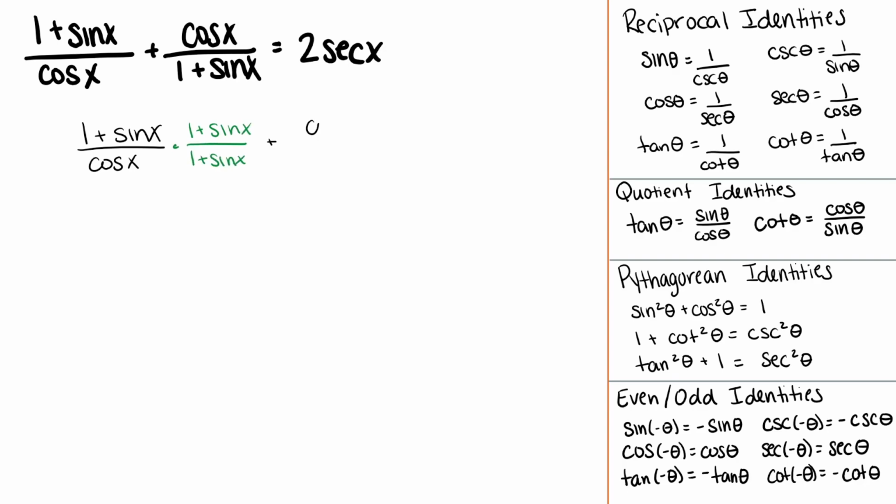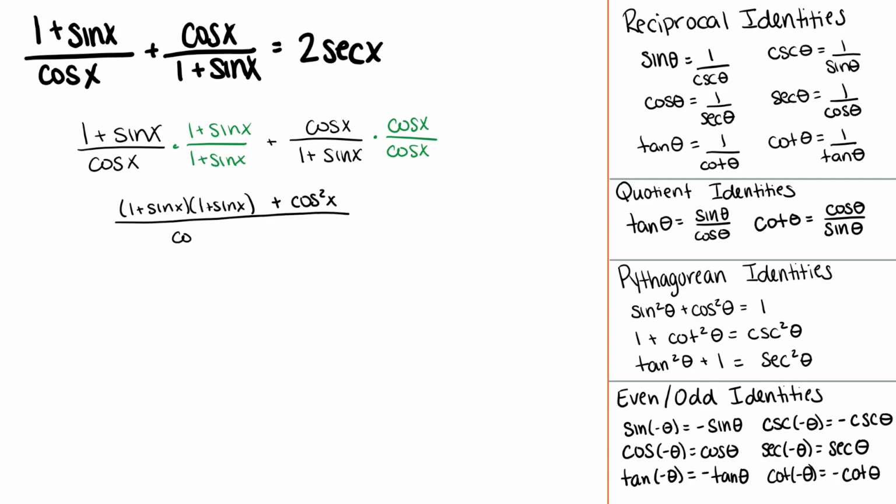In our second fraction, we need a cosine x. So that's going to give us 1 plus sine x times 1 plus sine x. We know these are going to have the same denominator, so I'm going to just combine these now, plus cosine squared x all over cosine x times 1 plus sine x.